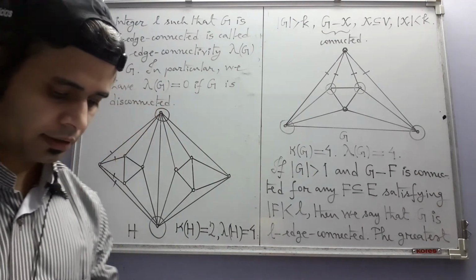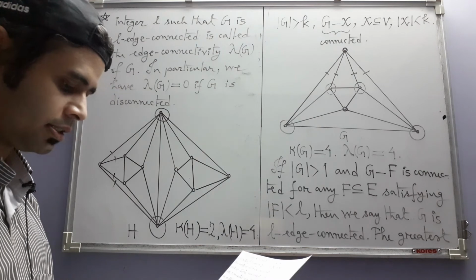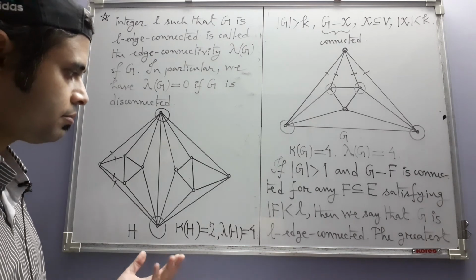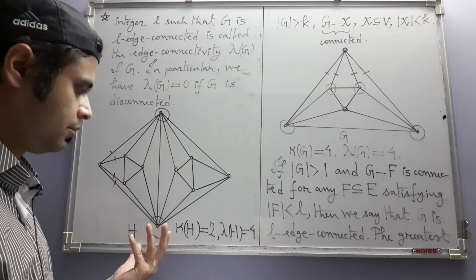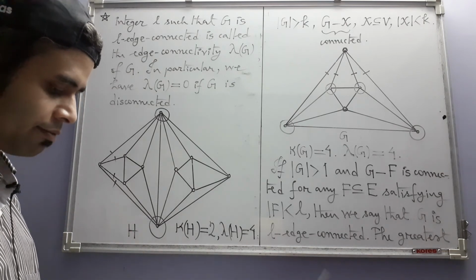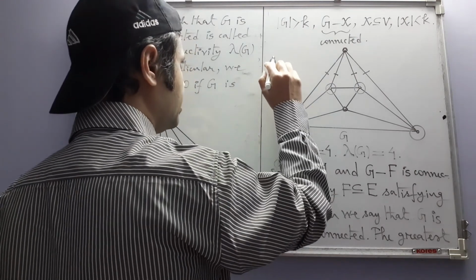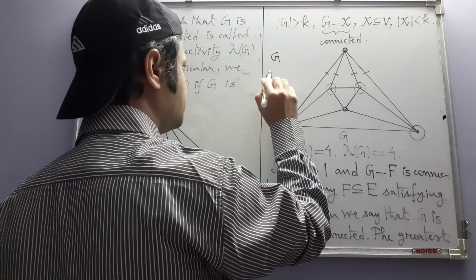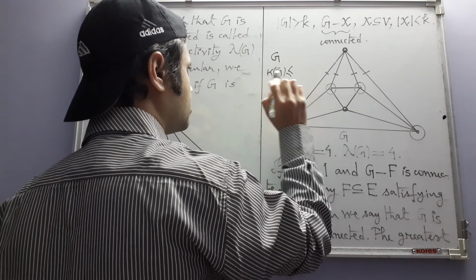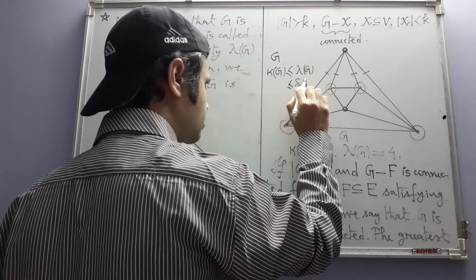I said that I will try to complete this section in this video itself, but I think that will be unwise. Let these things sink in for some time, because after this we have a proposition which says that if G is a non-trivial graph, then its connectivity is less than or equal to its edge connectivity, which is less than or equal to the minimum degree.